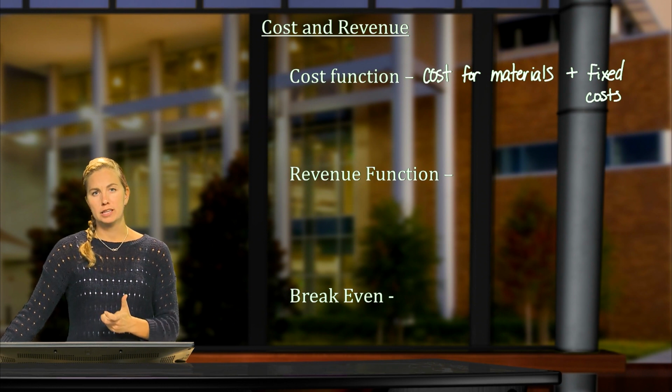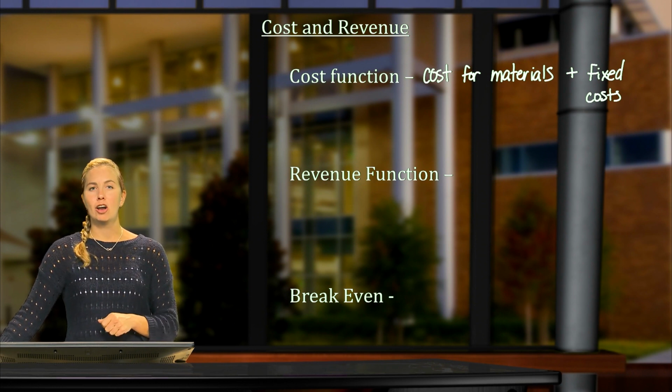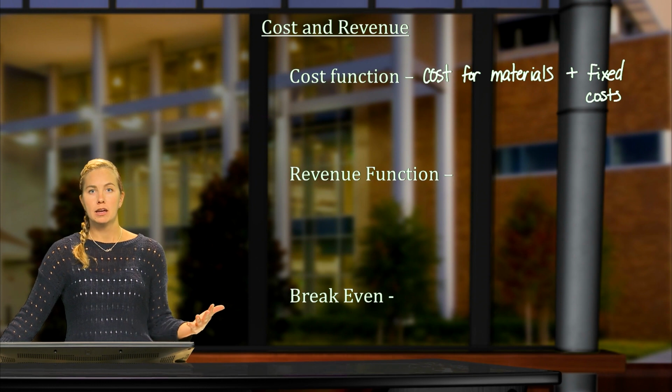Our fixed costs are costs that are not dependent on how many of this product I make. So think about a machine that we use to create, let's say, skateboards. Now, I pay for that machine once, and I can make as many skateboards as I want. I don't have to continue to pay for that every single time I choose to make a new skateboard.